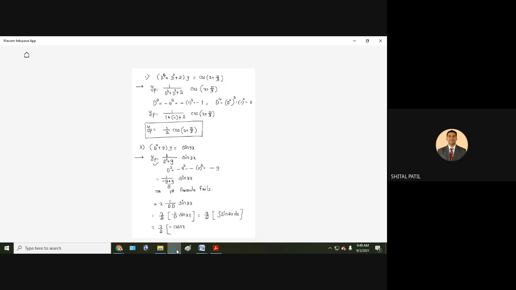Integration, hope everyone knows? Three x, it is 3x only. Sine of 3x.